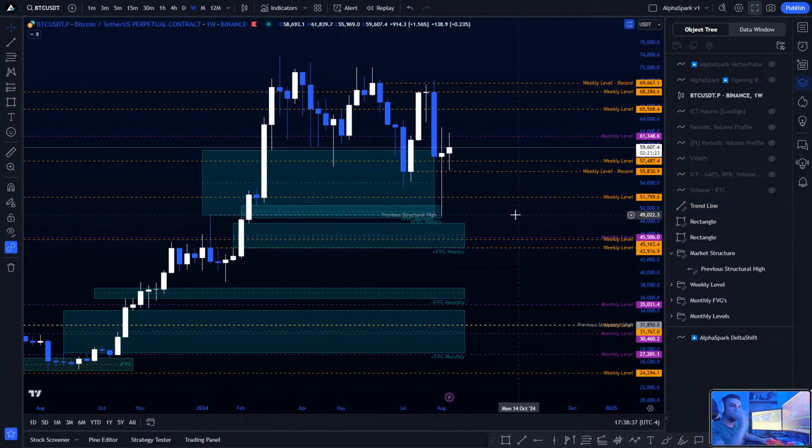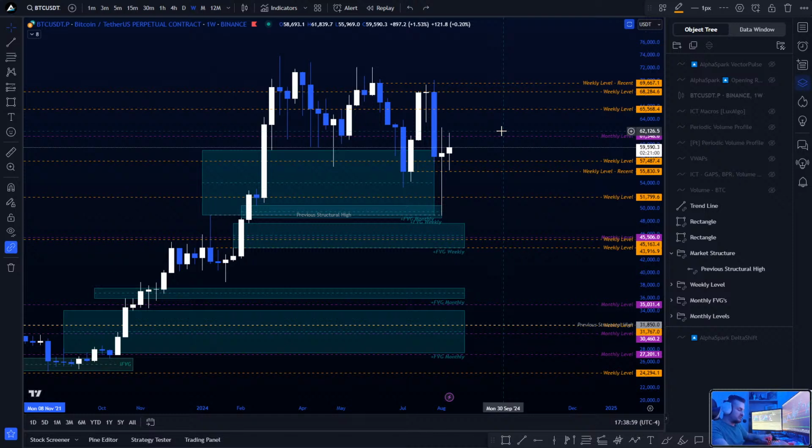Good, okay. So we did touch that high, which is nice in terms of structure, because it means we took out this low, reacted from a weekly fair value gap, touched this previous structural high.